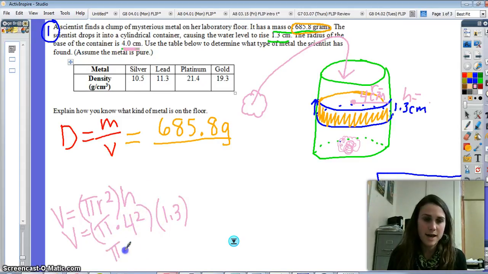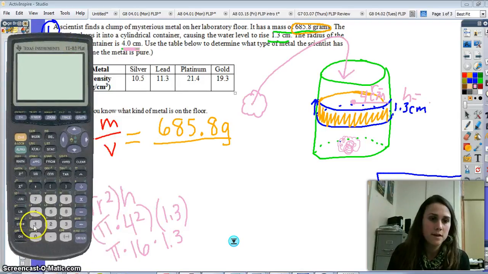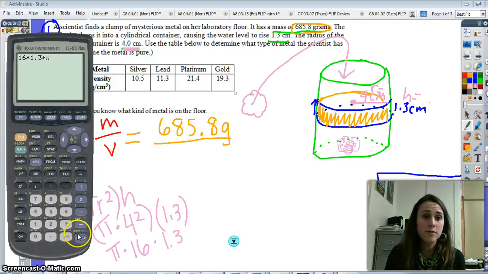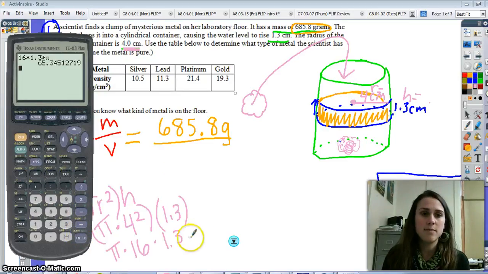So I'm going to rewrite this as pi times 4 squared is 16, okay, 4 times 4, times 1.3. I'm going to plug all that into my calculator. Love this thing. Okay, remind me, what are those numbers? I always like to do pi last. So 16 times 1.3 times pi, or if you don't have this calculator, you could always do 3.14 as your pi value. Enter.